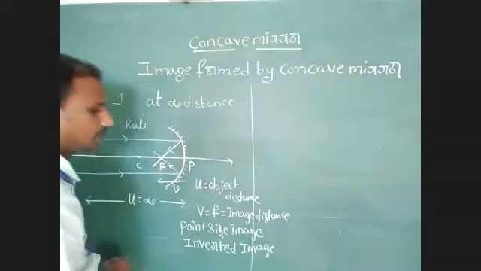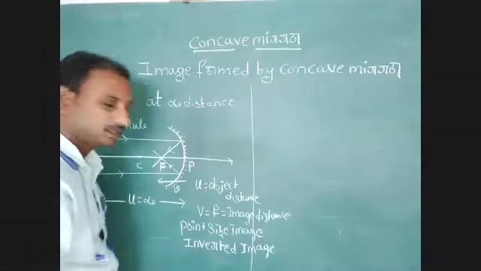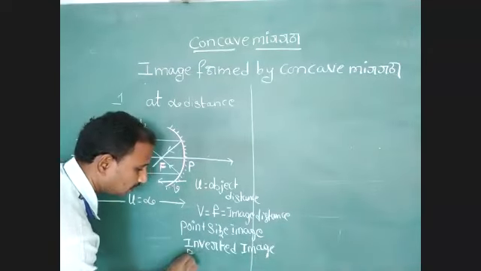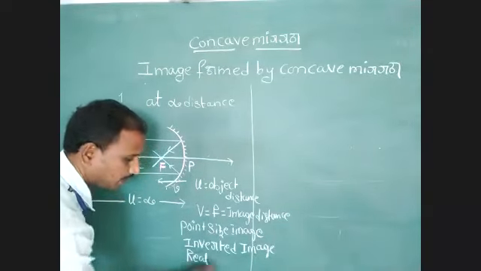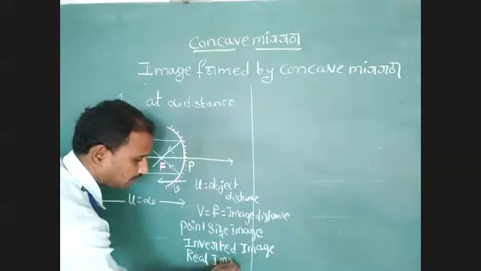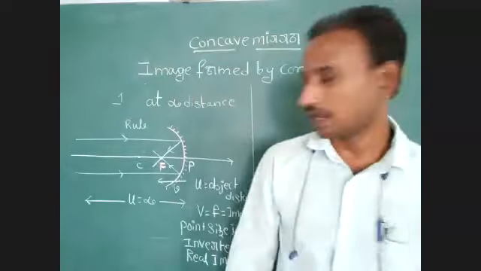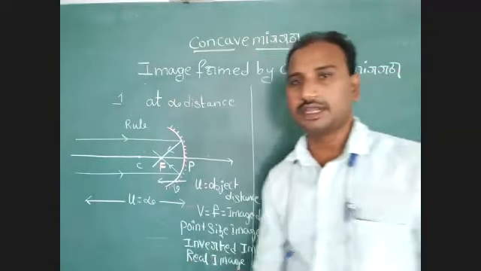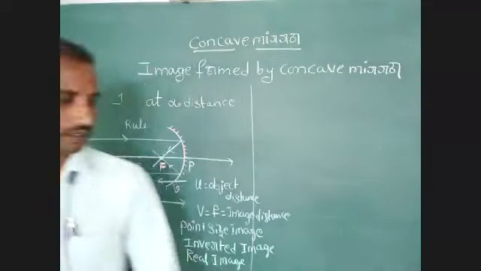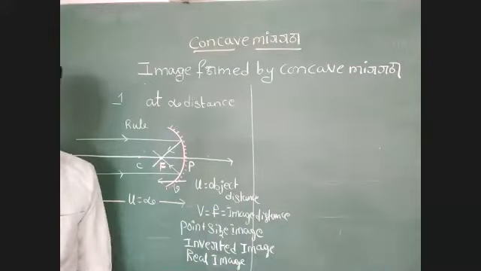Okay, point size image and inverted image. Next, this image is a real image. We have to capture this image on a screen. Okay, a real image we can easily capture on the screen.